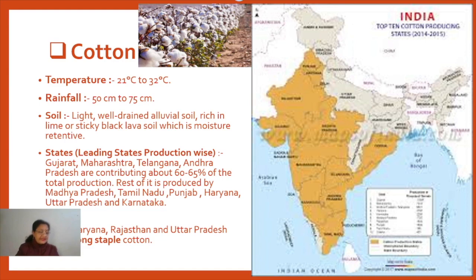And when we say the soil should be properly aerated, the black soil, when it gets dry, develops deep cracks, and that makes proper air circulation. So this way it is good for cotton cultivation.